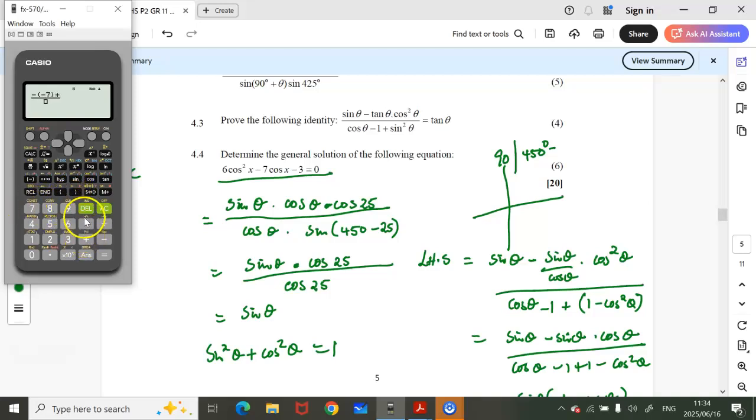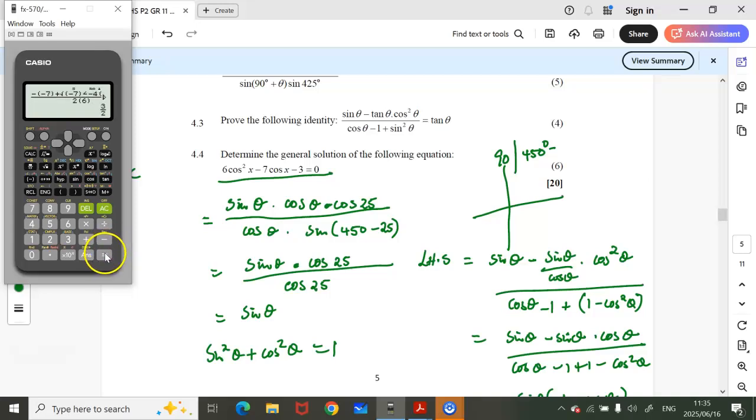I'm going to start with plus and then square root of minus 7 squared minus 4, and then the value of a is 6, and the value of c is minus 3. Then it's divided by 2 times a, which is 6.